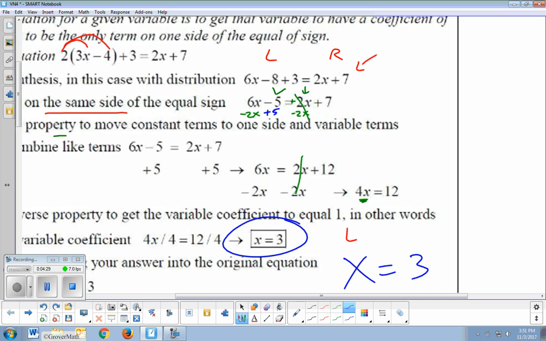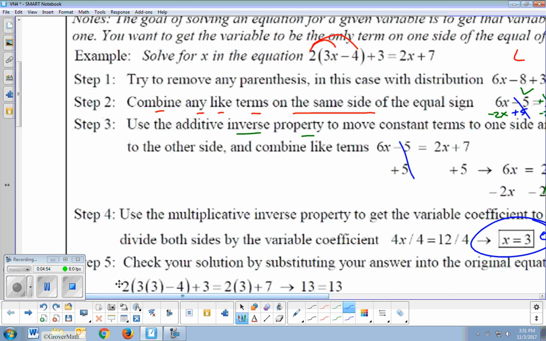Well, a +5 will cancel it out, so I do +5 on both sides. That's what you see here: I'm adding 5 on both sides. It cancels out here, and 7 plus 5 is where the 12 comes from. When you get down to 4x equals 12, this is 4 times x. The inverse of that operation is to divide by 4, and that's where x equals 3 comes from. You can very easily check your answer by plugging it in.